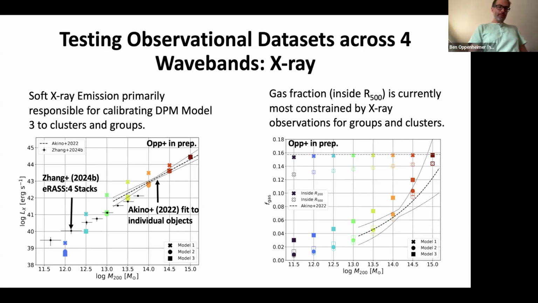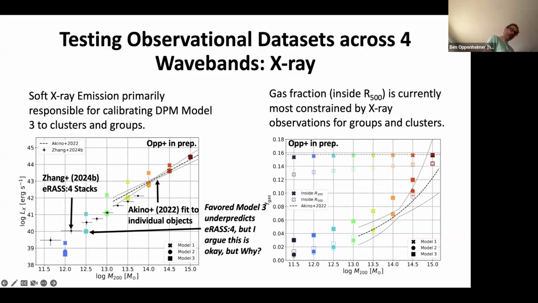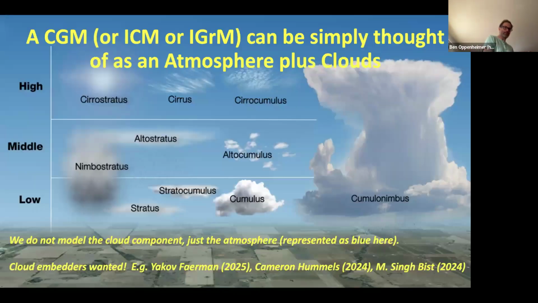But you'll also see that some of my favorite models here, like Model 2, Model 3 especially, are underpredicting some of these eROSITA stacks. And we're not trying to calibrate to that data either. And I say that that is okay. But why? Well, it's important to remember that we're only modeling the 1D atmosphere, and there's surely clouds, and we want to release this for cool cloud embedders, such as Yakov Faerman, who wanted to be here, but is not.